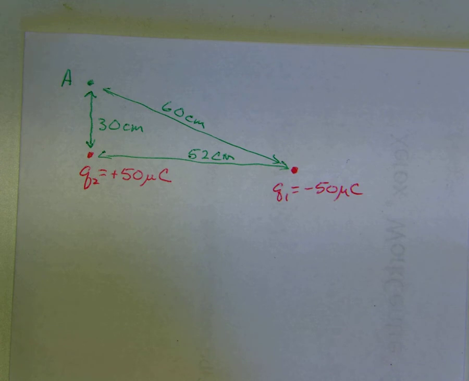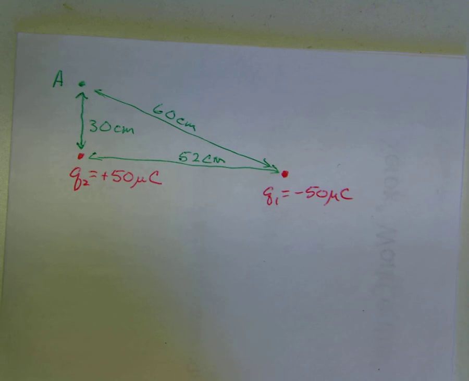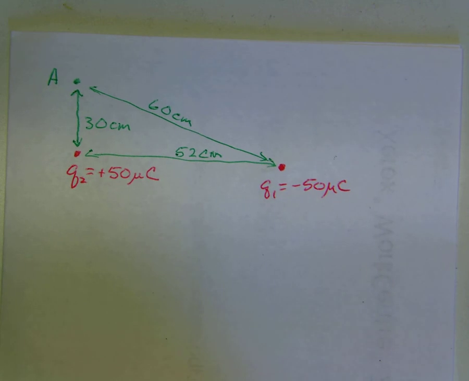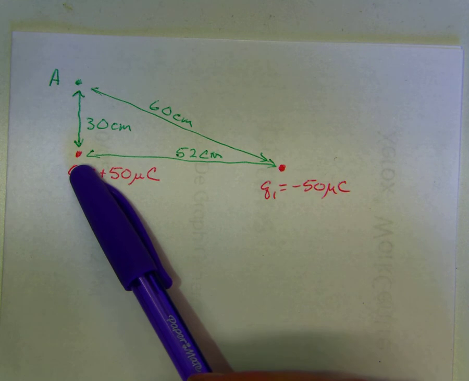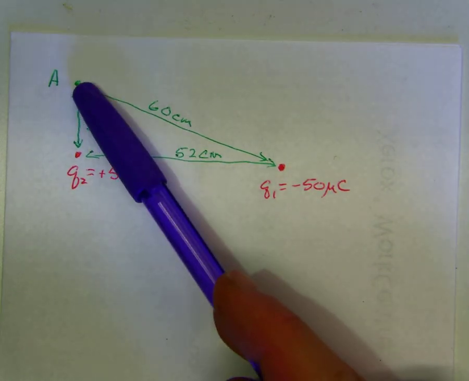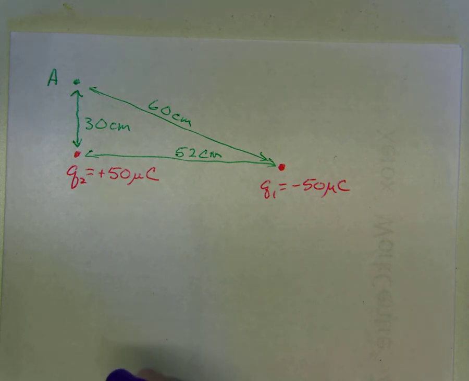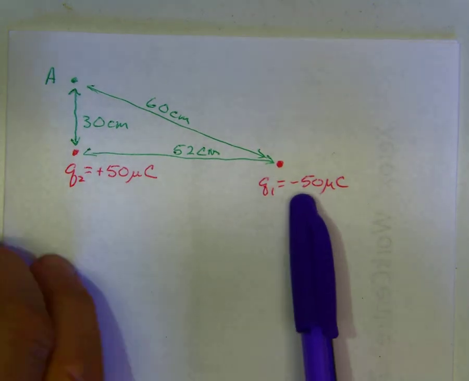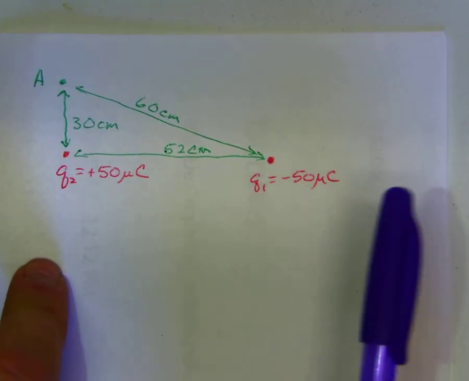Okay, so remember when we were drawing the electric field lines? It goes positive to negative. So between the two, it would be going from here to here. But we're interested in this point up here. So what would be happening up there? It goes from positive to negative, right?